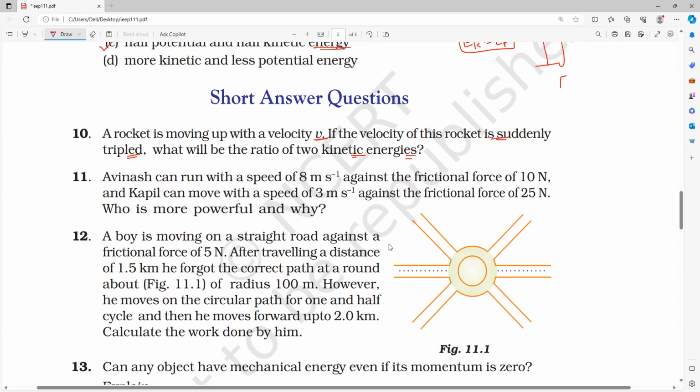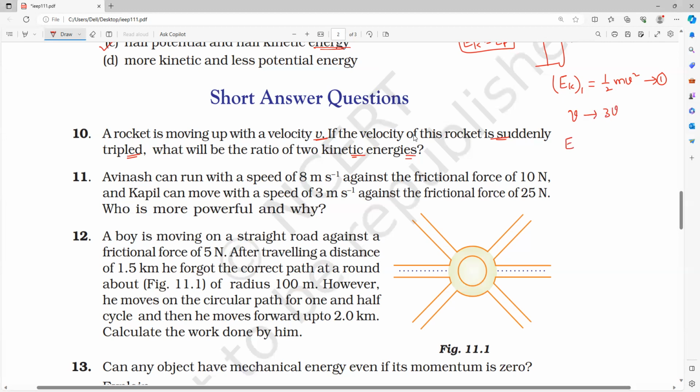Let us take the initial kinetic energy EK1 equals half m v square, the common formula. Then the velocity suddenly increases to how many times? 3 times. So v becomes 3v.